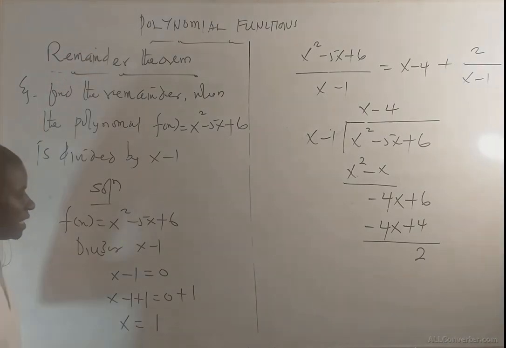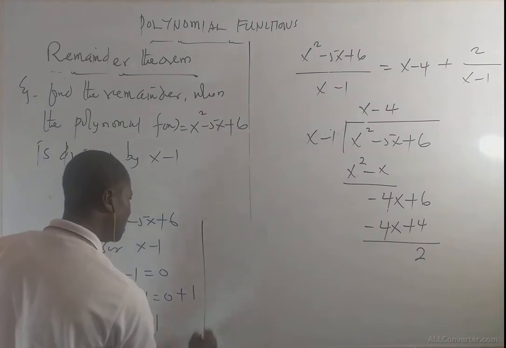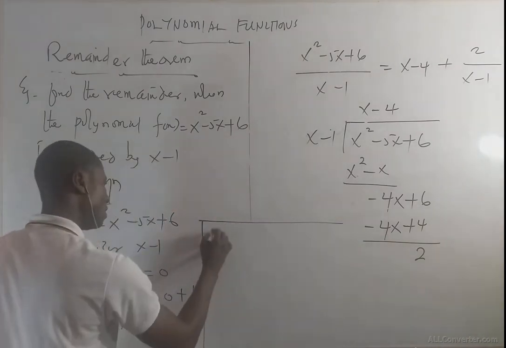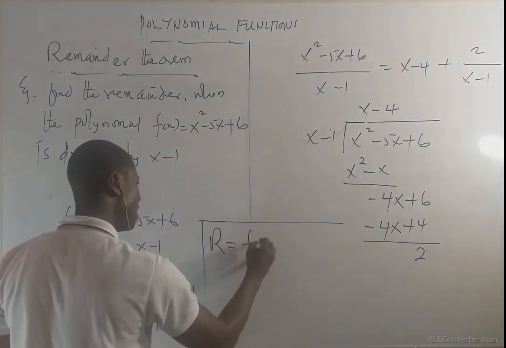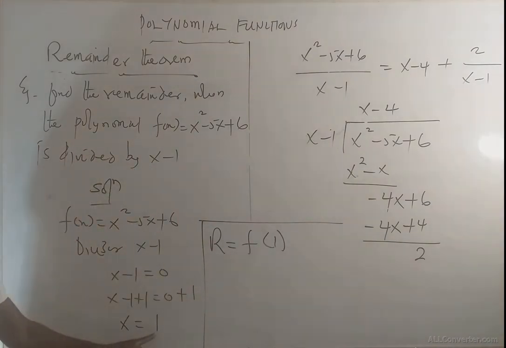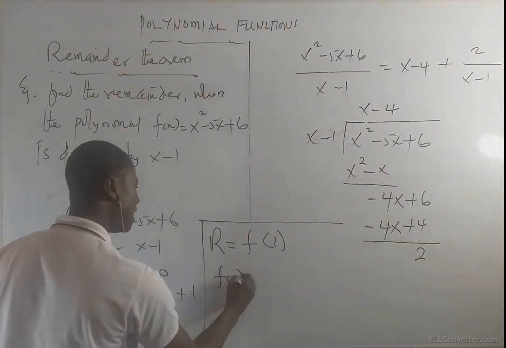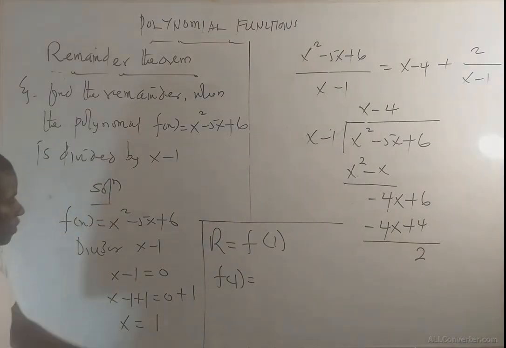Now we are saying that if you want to find your remainder, it will be f of 1. That is whatever you get after equating it to 0. Whatever you get, you now take it back. So f of 1. Now, f of 1 is function notation.